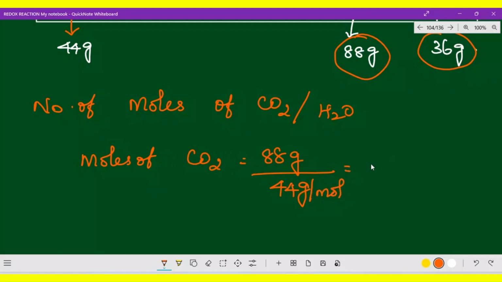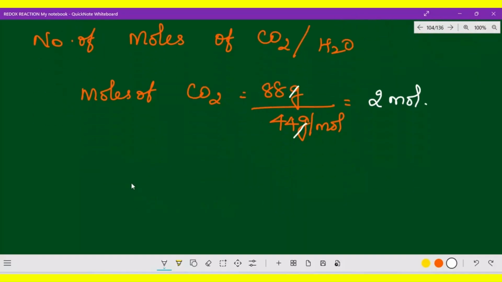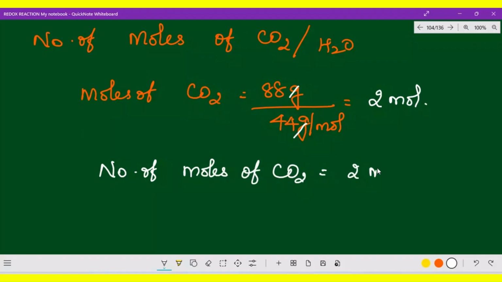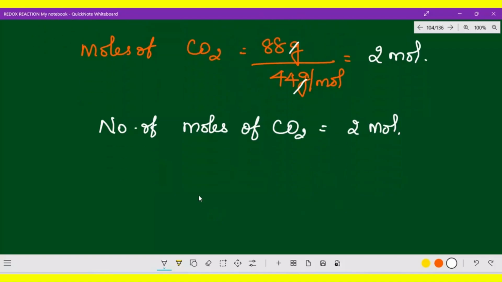Gram and gram will be cancelled, so you will get 2 moles. So the number of moles of carbon dioxide is 2 mole.